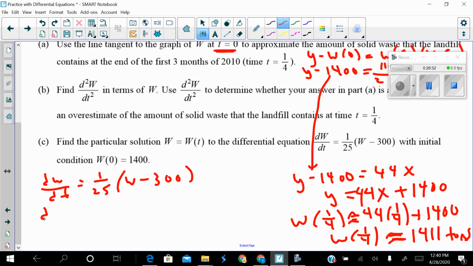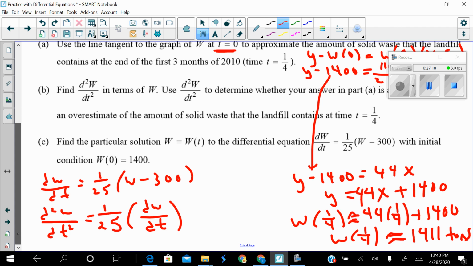Okay, we want to get the second derivative. We're going to take the derivative of the first derivative with respect to t. So if it's not a t, the derivative is not just 1. Okay, so we have a product, but this first factor is just a constant, so we leave it. Now we're going to multiply by the derivative of W minus 300. The derivative of W is dW/dt, right? And then minus 0.